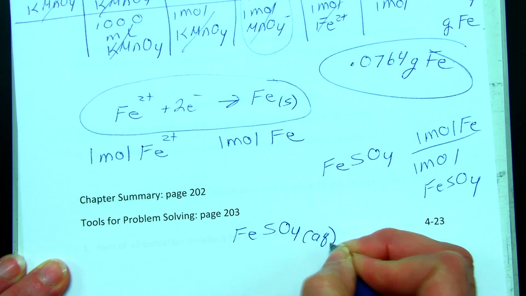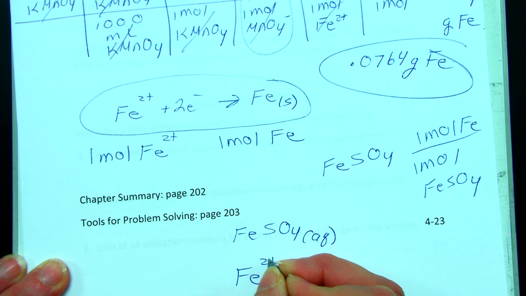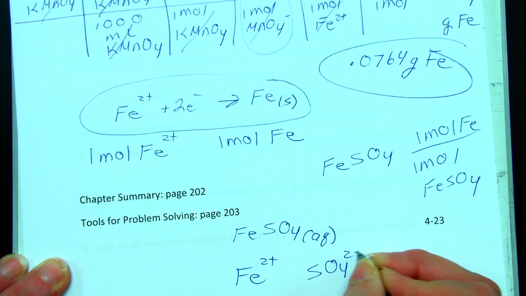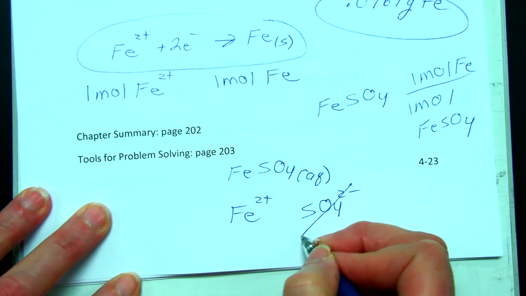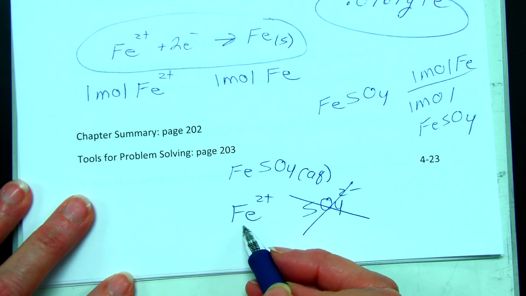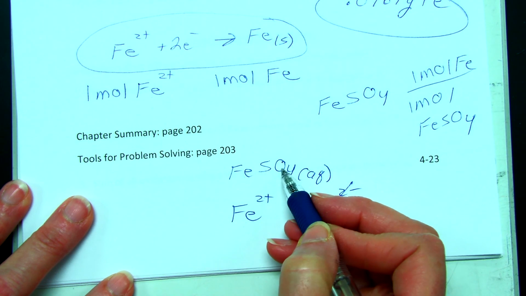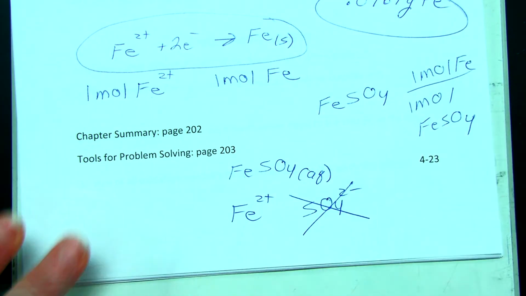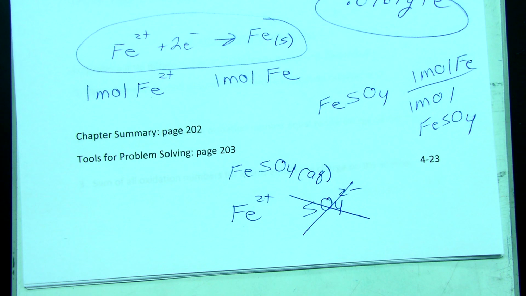This is aqueous. What I really have is an iron ion and a sulfate ion. And the sulfate's not doing the chemistry, it's a spectator. So now does it make sense that 1 iron 2 plus gave 1 iron sulfate, and 1 iron sulfate gives 1 iron? So if you take that path, does it make sense to you where that came from? It's just 2 different irons, right? This is iron metal, and this is after I took away 2 of its electrons, iron ion, but it's still a 1-to-1 ratio. Rob?